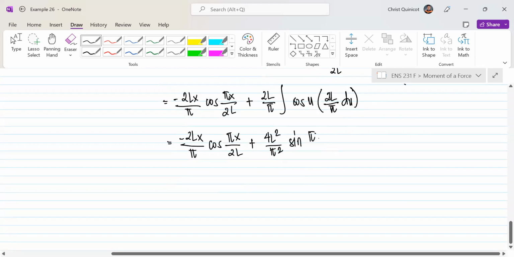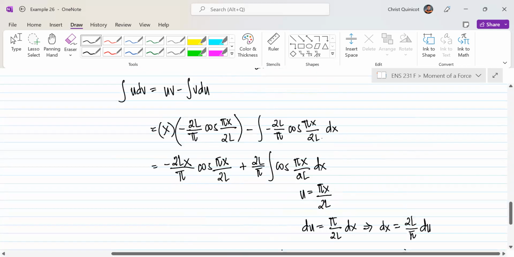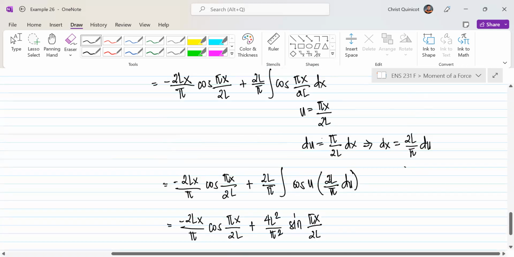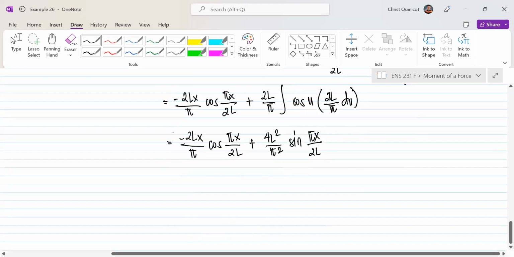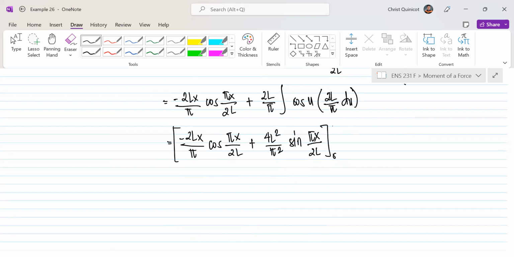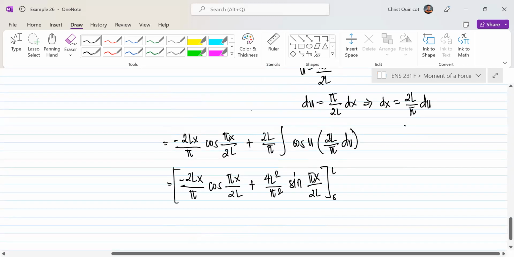So this is sine pi x over 2L. Of course, all of these are evaluated from 0 to L.